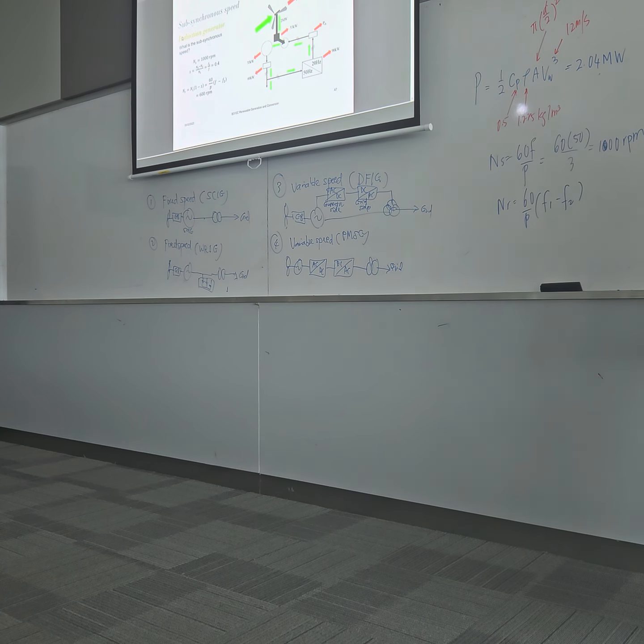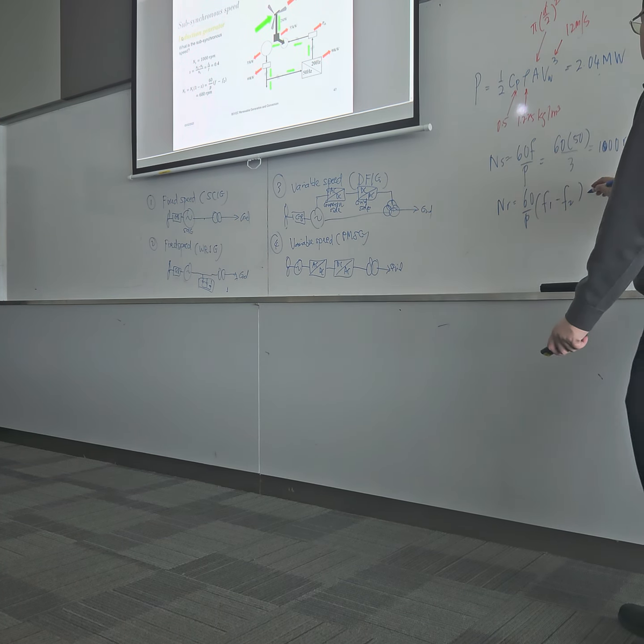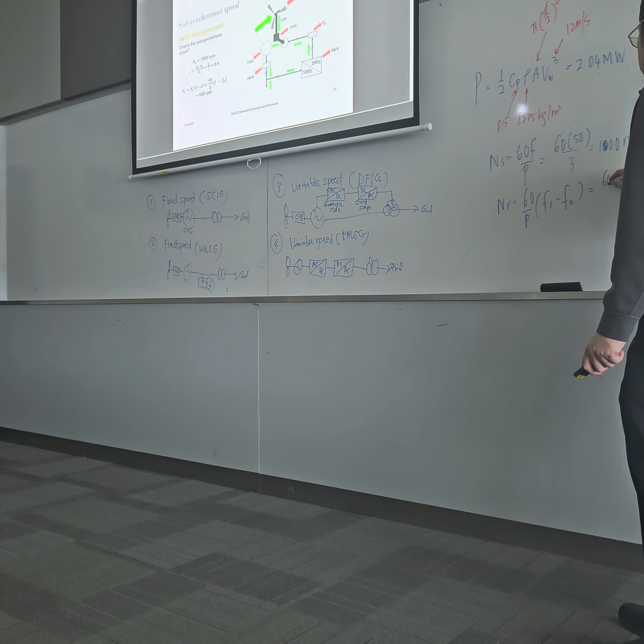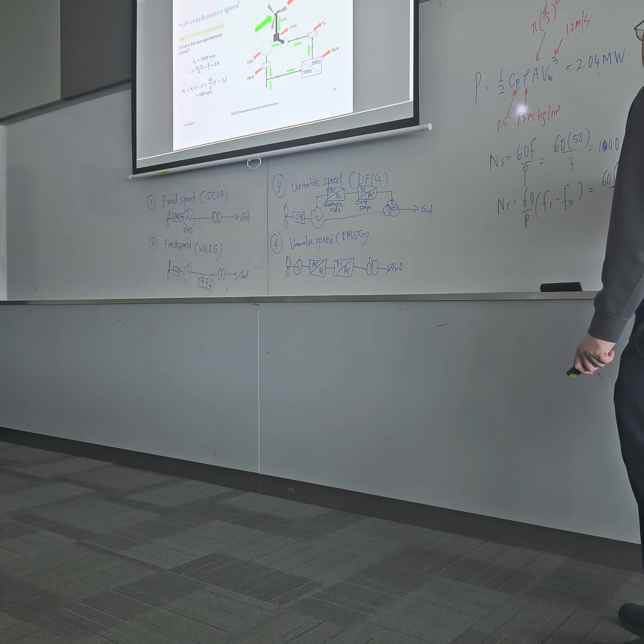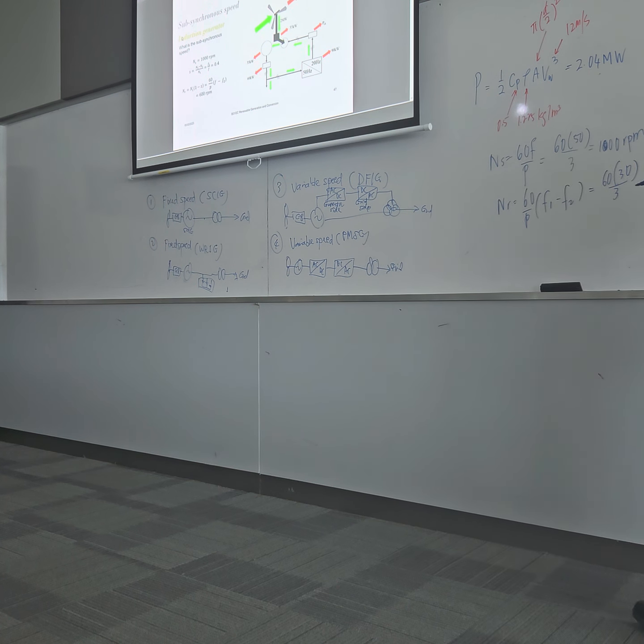Okay, so it's the difference between the 50 Hz and the 20 Hz. So you should get 600 RPM. Okay, so if you were to calculate the slip, which is NS minus NR, so it's 1000 minus 600 over 1000. Okay, so you will get this 0.4.